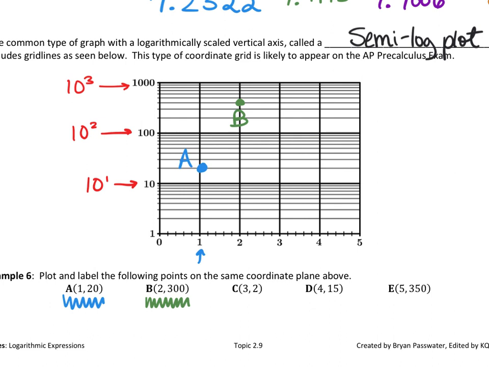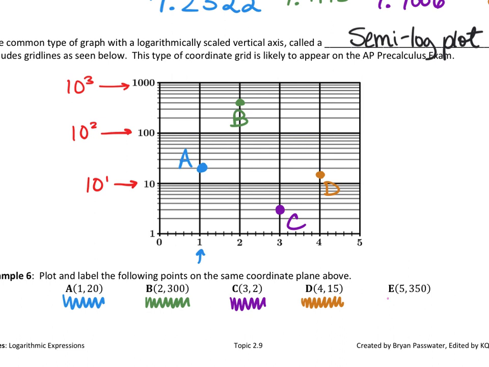Okay, for part C, it says 3, 2. Seems so simple. So we're going to go to 3, and we're going to go in the single digit section up 2. We should have it right here. 3, 2. How'd we do on that one? For D, is 4, 15. Okay, so 15 has to be above the 10 spot, but less than 20. So this is 10, this is 20, which means this right here is going to be 15, halfway in between 10 and 20.